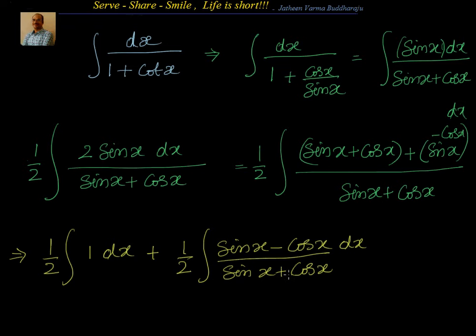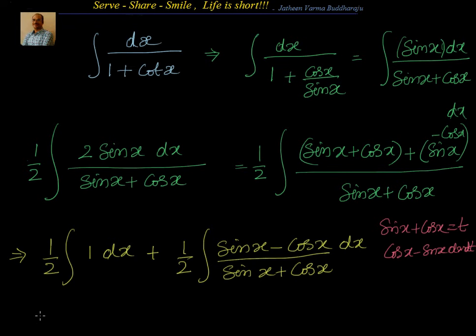We know generally the denominator. So if I take sin x plus cos x equal to t, I'll write down here sin x plus cos x equal to t, then I'll have cos x minus sin x dx is equal to dt.